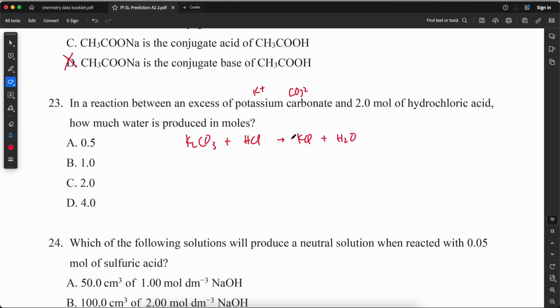So this will be 2 and this will be 2. 2 mole of hydrochloric acid. So how much water is produced in mole? That would be 1 over 2 times 2, which is 1.